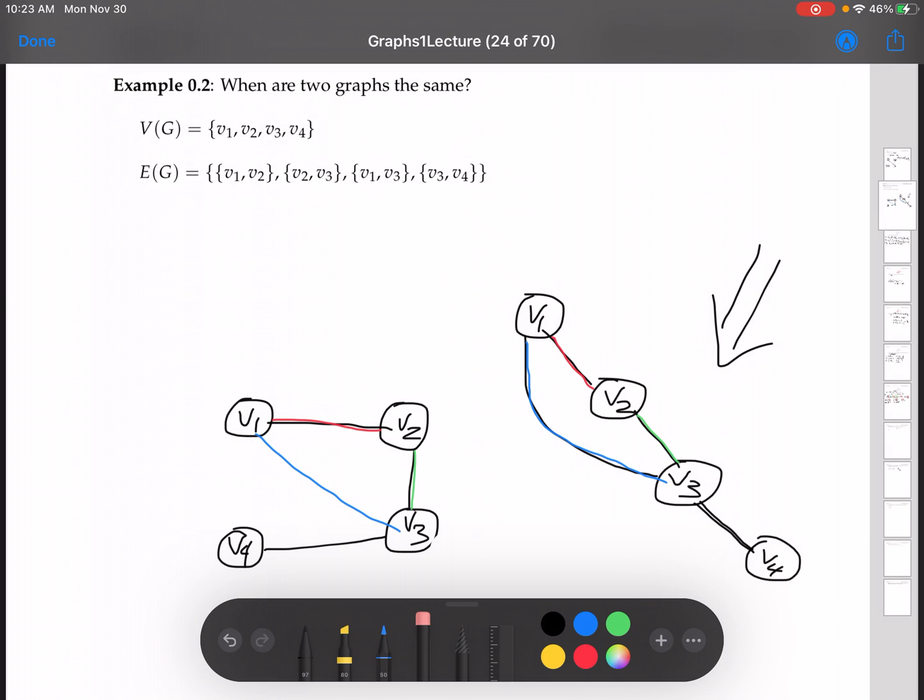Think about picking this graph up off the page, visualizing in your mind moving V1 down a little bit, moving V3 over a little bit, and then moving V4 around to this other side, and you can see that we can take one graph and turn it into the other. And if you can do that, then the two graphs are the same.